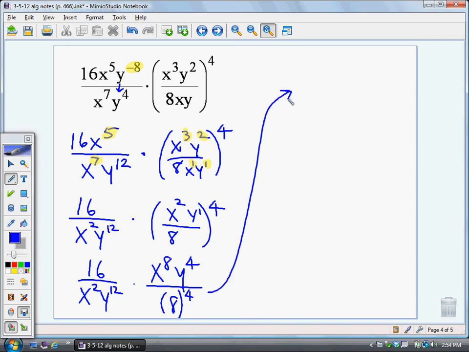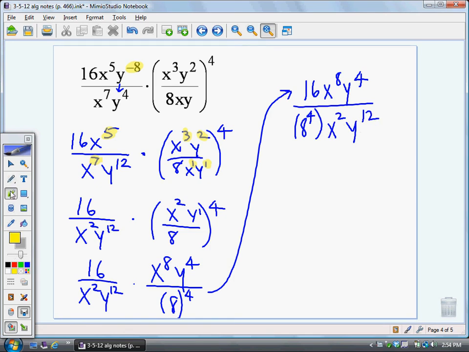Now I'll just multiply numerators across, and you end up with 16 x to the 8th, y to the fourth, over, I have this 8 to the fourth, and then I have x squared, y to the 12th. Again, now I have like bases, my x's.